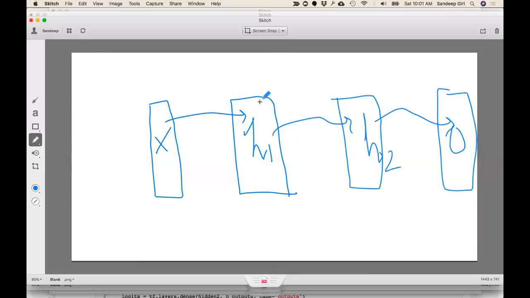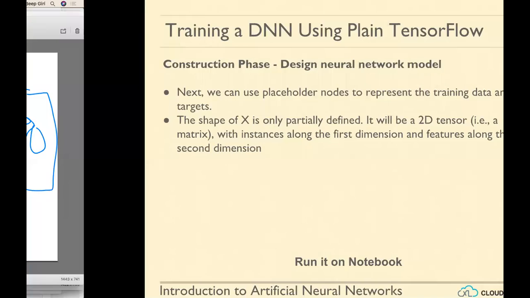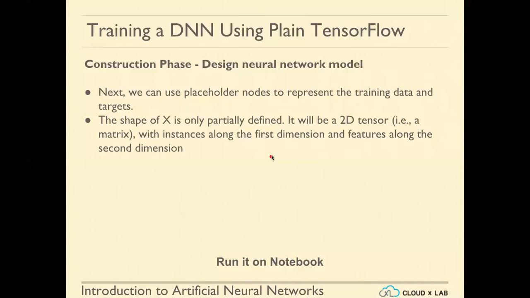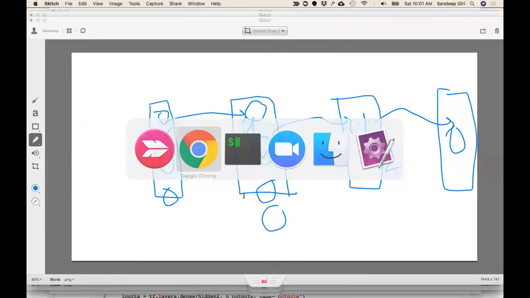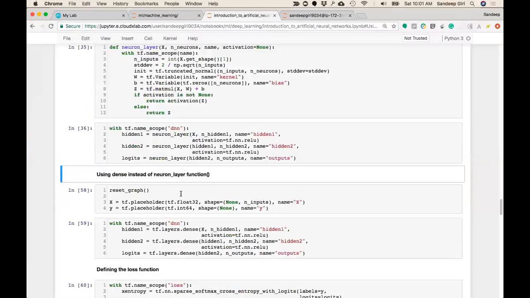Inside each hidden layer, we basically have neurons. Here, these are input neurons, and so on. All right. So essentially, this is what we are trying to achieve.